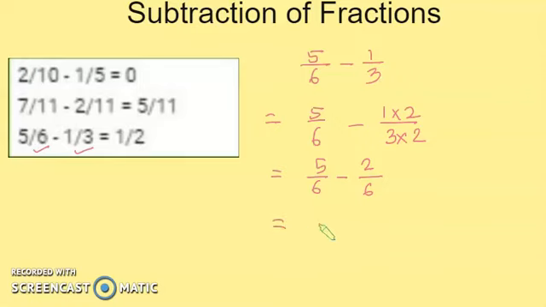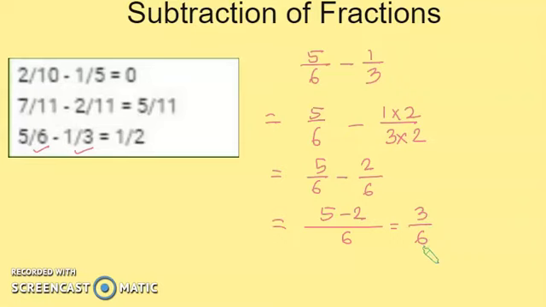The next step would be just to write the denominator and subtract the numerators, that is 5 minus 2. Now 5 minus 2 is 3 and the denominator here is already 6, so we will write 3 by 6. Now as I told you earlier, if the fraction given could be further reduced to the lowest form, you have to check that also while writing the final answer.